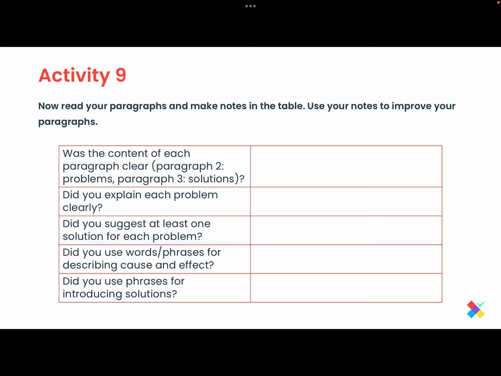So first of all, whenever you're assessing either your paragraphs or your essay or someone else's, you have to check whether the content of each paragraph is clear, if you got problems and solutions, if you have managed to explain each problem clearly, and if you did the same thing with the suggestions, and if you have written at least one solution for each problem, if you have used words and phrases to describe cause and effect, and again, if you used phrases for introducing solutions.